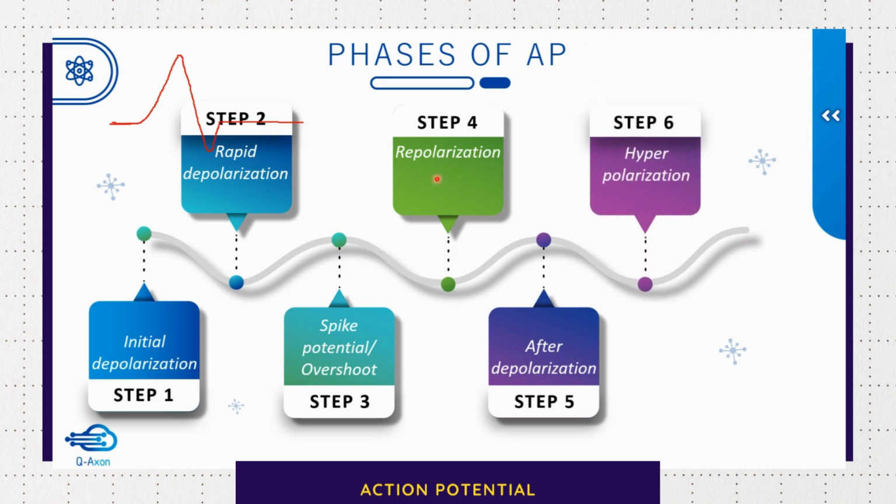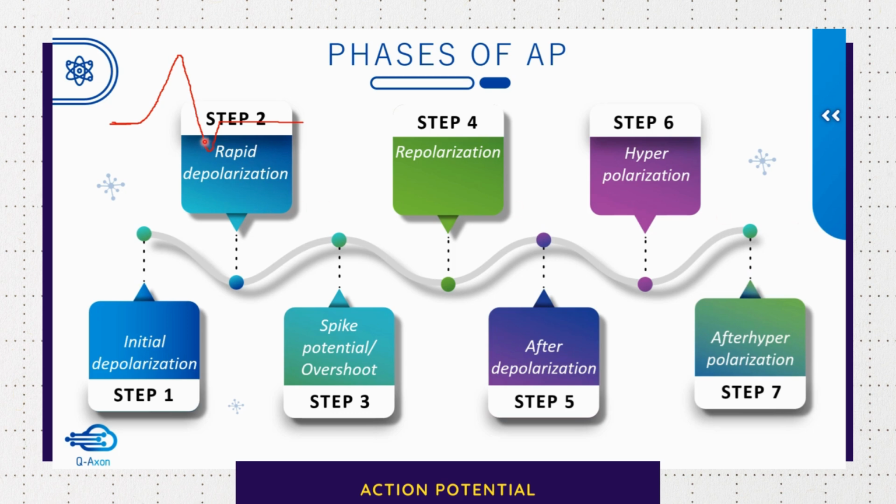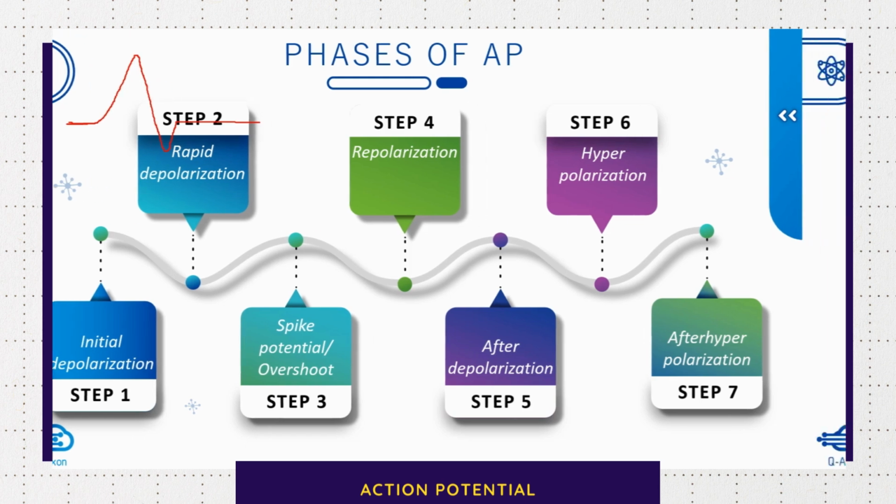And then the cell membrane goes to below the resting membrane potential, so we call that hyperpolarization, which is followed by after hyperpolarization, and now you can see that the cell membrane has returned to the resting membrane potential. So these are the different phases of the action potential.